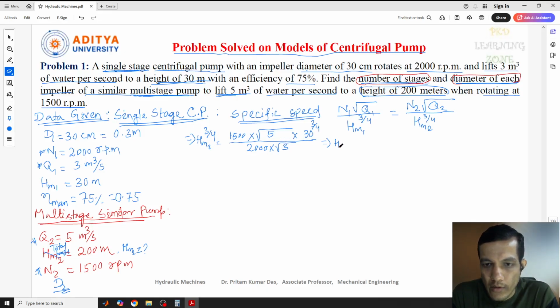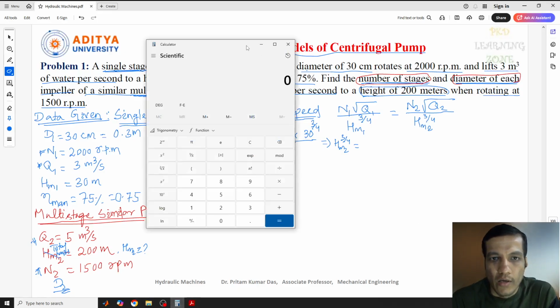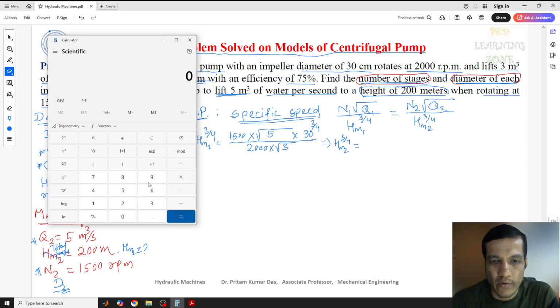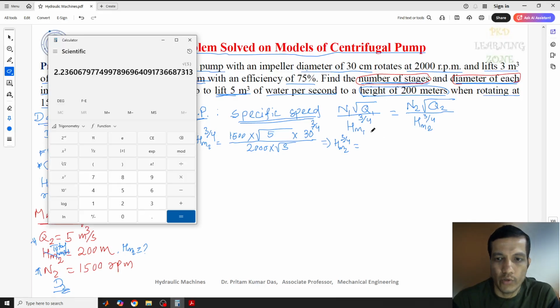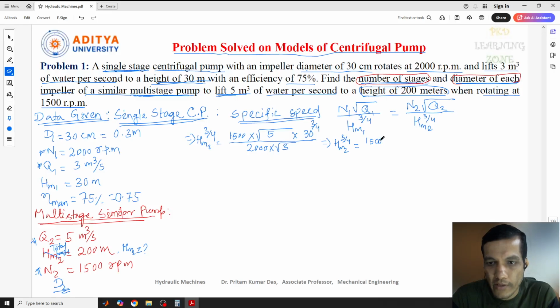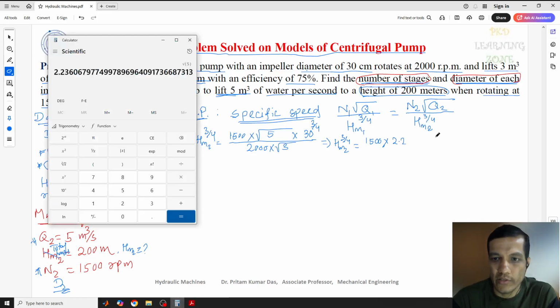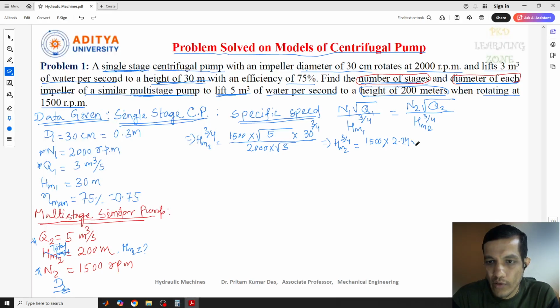Now let me write hm to the power 3 by 4, and this we need to solve. Okay, so let's write down root over of 5. First we'll go for root over 5, 2.23. So here I can write 1500 into 2.236, so I can write 2.24, and 30 to the power 3 by 4, let's find out.